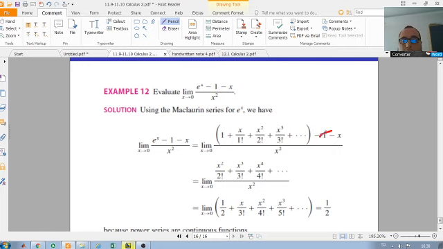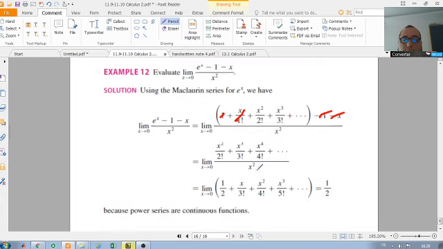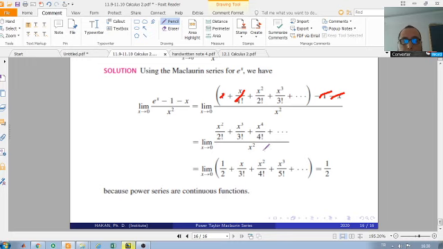So from here we can simplify: plus 1 and minus 1, x minus x becomes 0, so we just have x^2/2! + x^3/3! and so on over x^2.